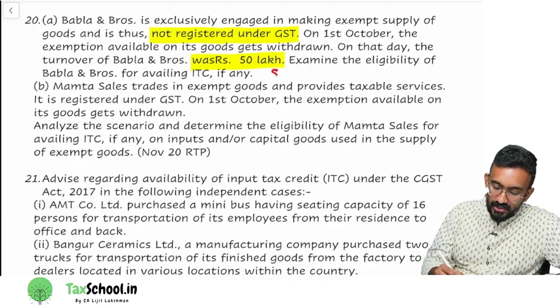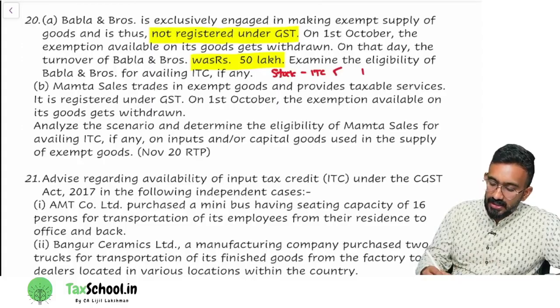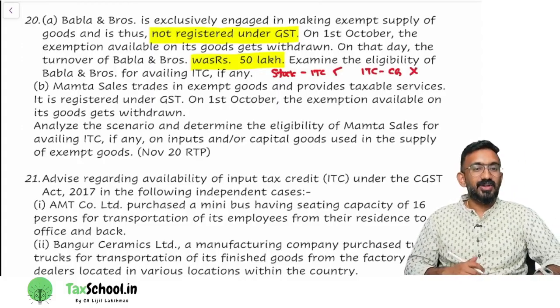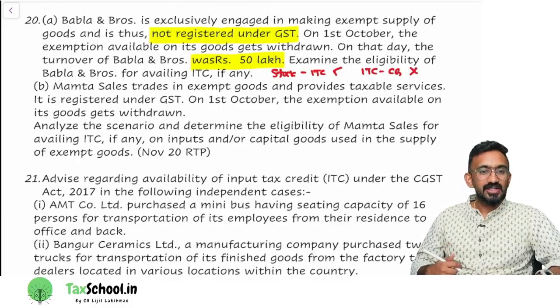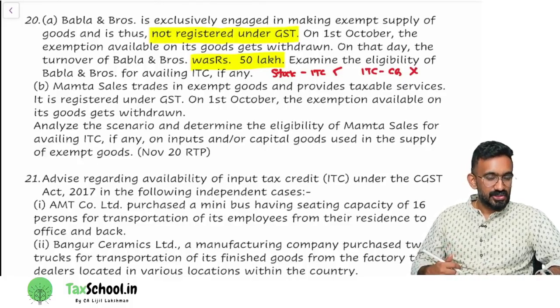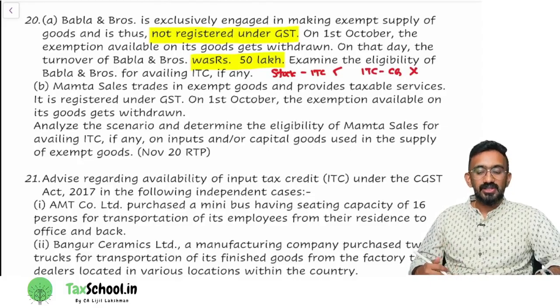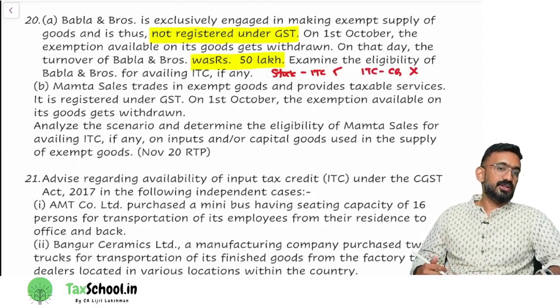Can they take ITC on stock? Yes. Can they take ITC on capital goods? No. Because at the time of purchases, if you're unregistered, you can't take ITC on the capital goods. An unregistered person taking registration can take ITC only on stock.